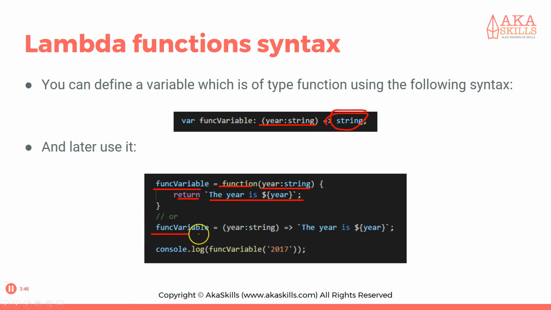Or I can say funcVariable is equal to here, which is of type string, and goes to the here is. So I can say directly goes to the result. And then I can say console.log, and I can call this function, pass the required parameter, and receive the result, here is, for example, 2017.